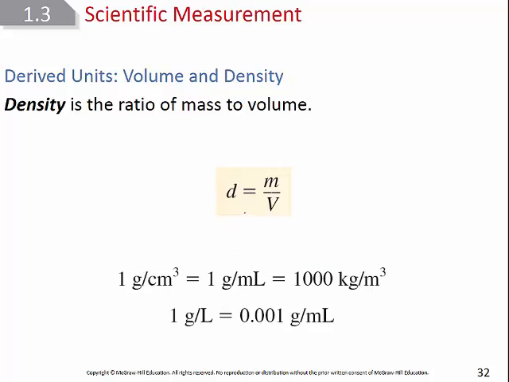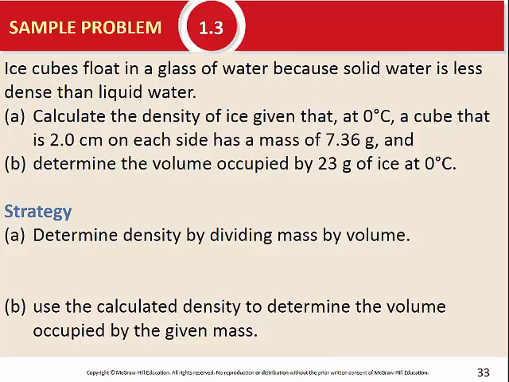Now, gases are far less dense than solids or liquids. That's why air tends to float above, while liquids and solids tend to sink down. So instead of using grams per milliliter, we typically use grams per liter when we're measuring the density of a gas.